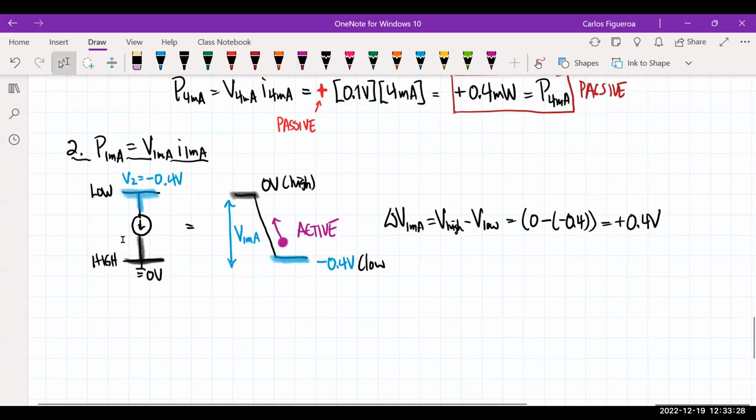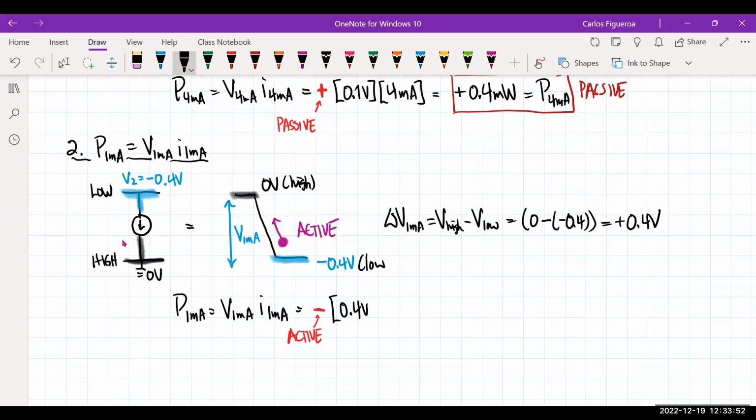So let's calculate it. I have the power of the 1 milliamp. So I need the voltage of the 1 milliamp times the current of the 1 milliamp. And I have to put in a negative sign. Why? Because it's active. So it's going to be 0.4 volts times 1 milliamp.